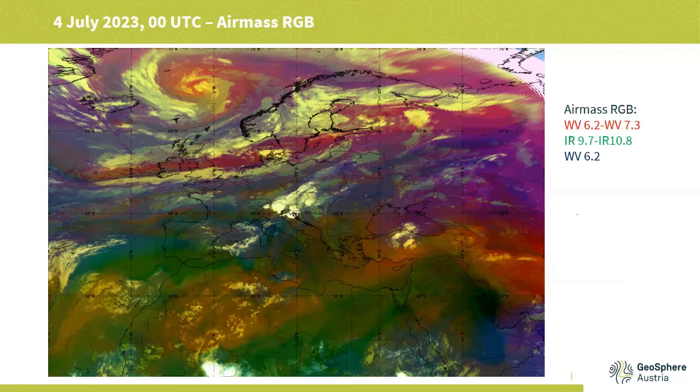And I would like you now to show me where you think that the jet streams are located in this image, or with the help of this image. Where would you think that jet streams are located? You should have the annotation tools now. And okay, I can see some first drawings going on.